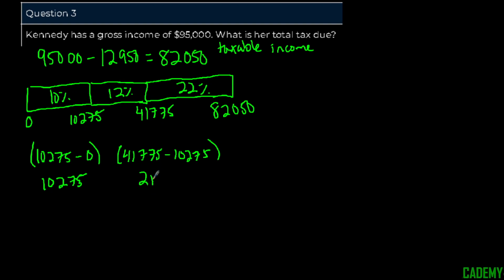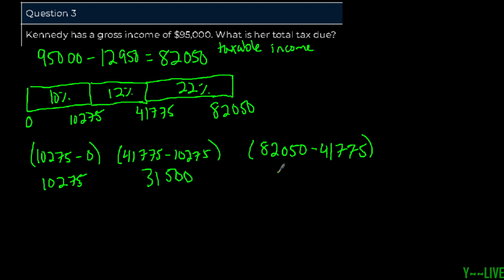So I'm going to do 31,500. And then lastly, I have to subtract these two, so I'm going to say 82,050 minus 41,775. So I'm just subtracting these numbers in between, and so at 40,275, I'm going to be taking 22% of that number.